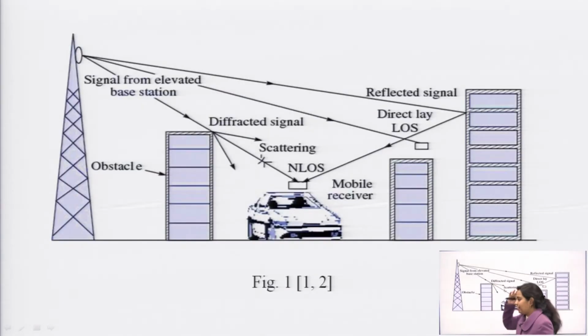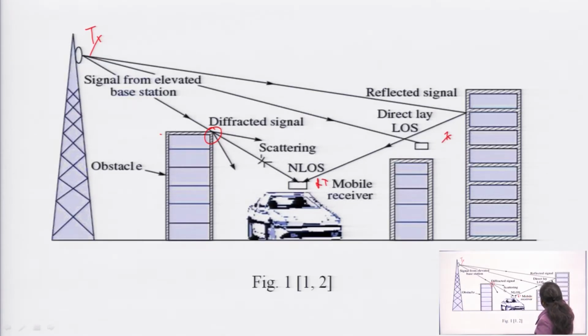So, this is the diagram which is showing all the 4 different examples. Line of sight will also be there. Like this is an obstacle, this is a building, you can see a sharp edge exists. This is the signal from the elevated base station. So, this is the transmitter and this is also a transmitter and this is a receiver.